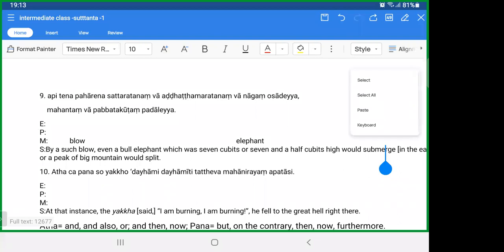What kind of verb do you think it is? Osadeya. Objective. Okay, now you know already, so you can put the Pali as the objective here.